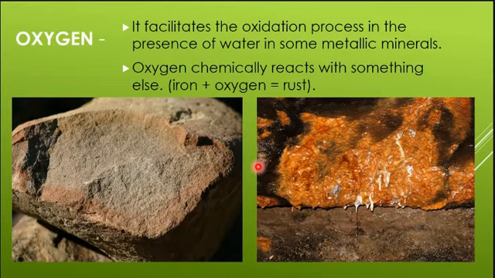Next is oxygen. Again, we are talking about chemical weathering. No? With regards to oxygen naman, ayan, so it facilitates the oxidation process in the presence of water in some metallic minerals. Now, oxygen chemically reacts with something else. So, yun nga, nagkakaroon ng oxidation process. Wherein, ayan, alam naman natin na ang mga rocks, yung iba ay merong metallic composition.